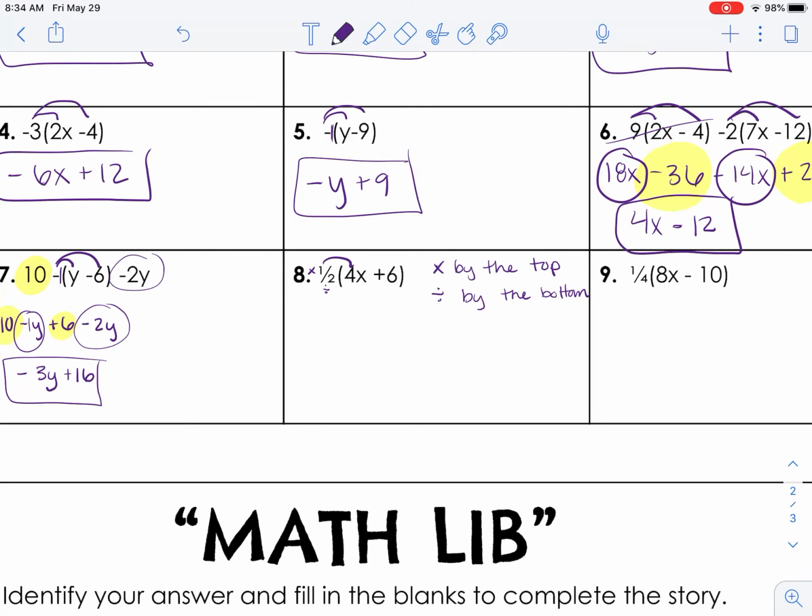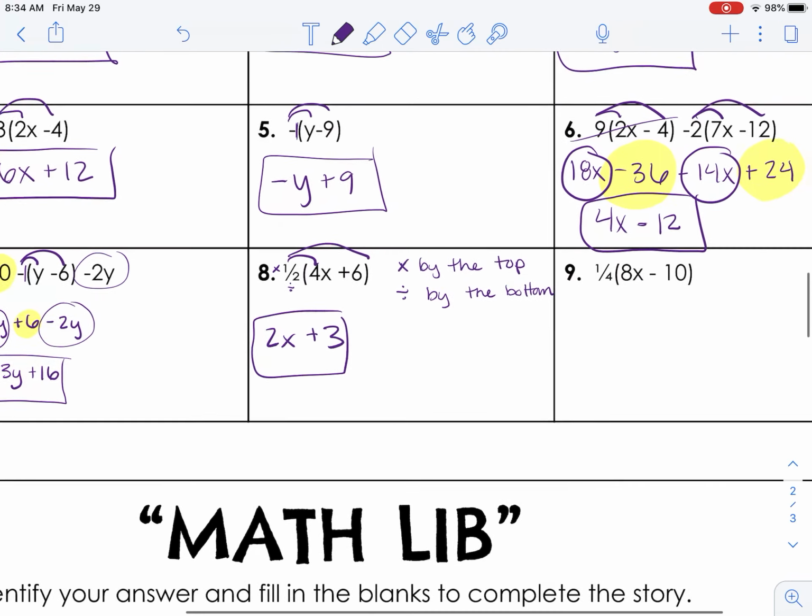So if I've got a 4x, I'm going to multiply that by 1. So that's just 4x divided by 2. It's going to give us 2x. The same thing with our constant. So it's going to be 6 times 1 divided by 2. So 6 times 1 is 6, divided by 2 is positive 3. So that's our answer there.